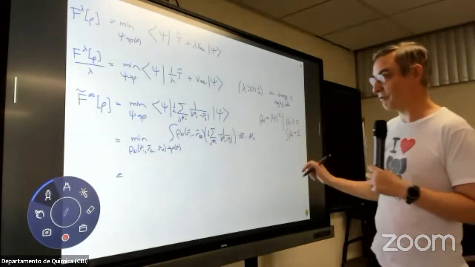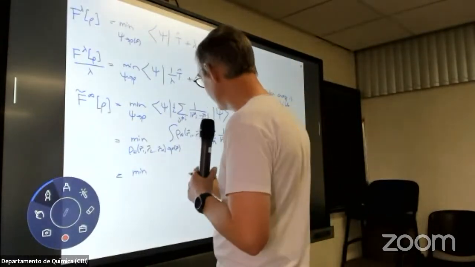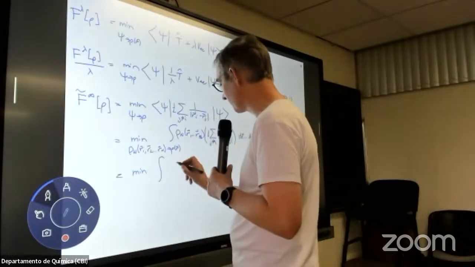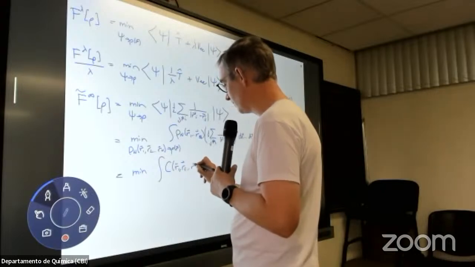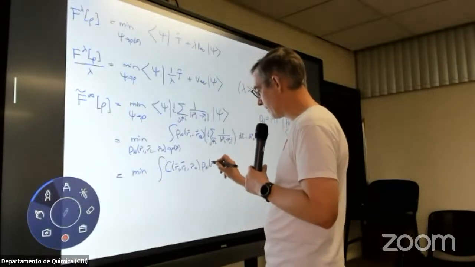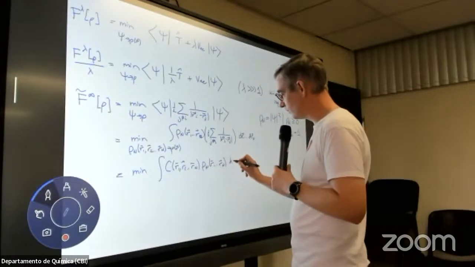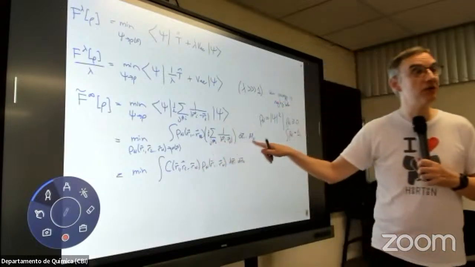Okay, so now I'm going to just rewrite this. This is the minimum of an integral. This is some cost function, it's positive.